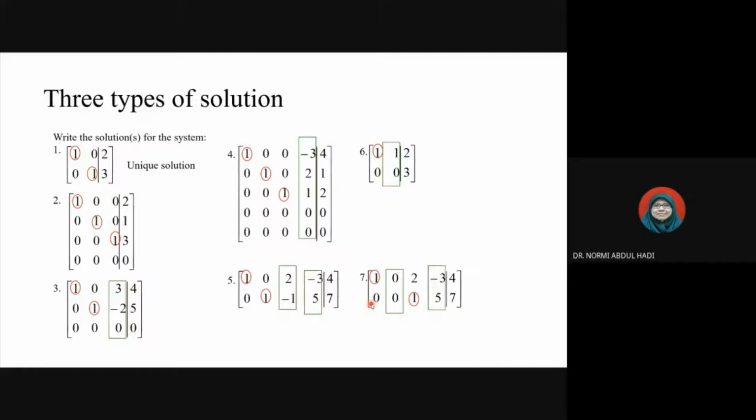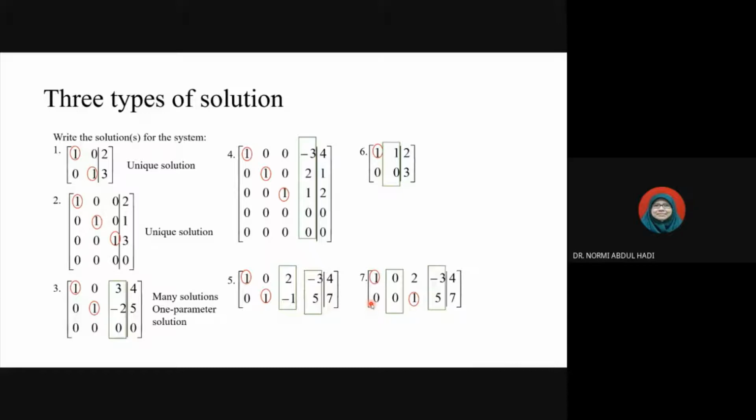Similarly, for example 2, since there are 3 columns in the system and 3 leading ones, this system will also have a unique solution. For example 3, since there are 3 columns and 1 column has no leading one, this system has many solutions, and since it has 1 free variable, we can also call this system a 1 parameter solution.